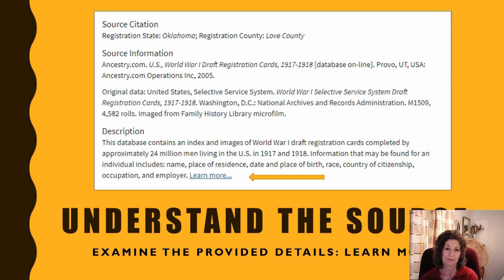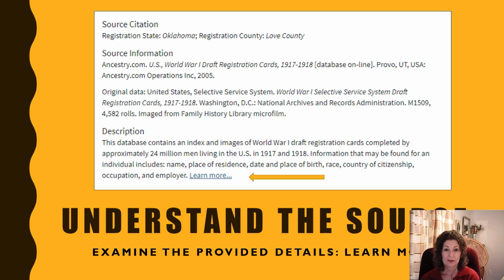But I still haven't seen anything in that card or in that information about the specifics about who this person was that had this draft registration card or anything about him. And so you can see that although each one of those pieces gives us a little bit of information we could use for a citation, none of that is appropriate for a complete citation.